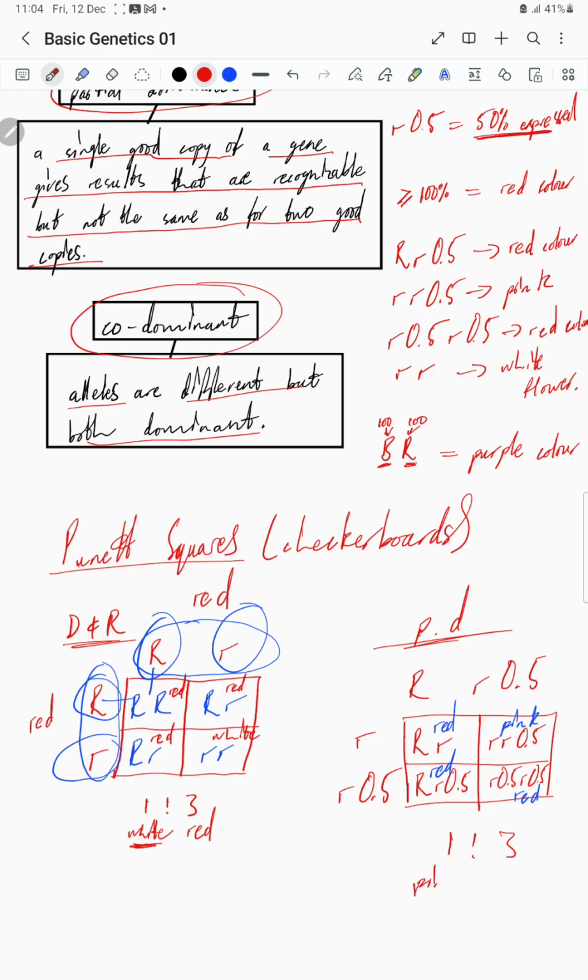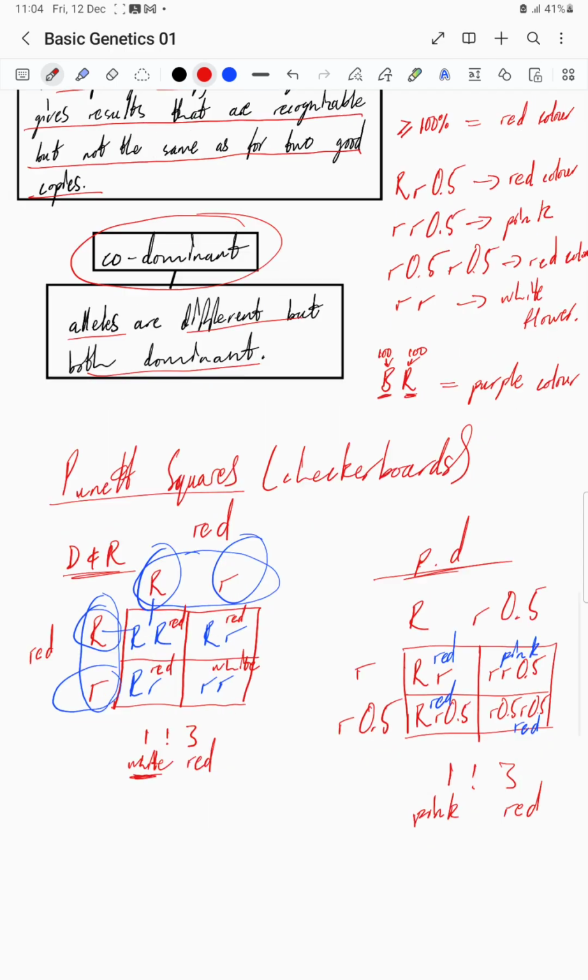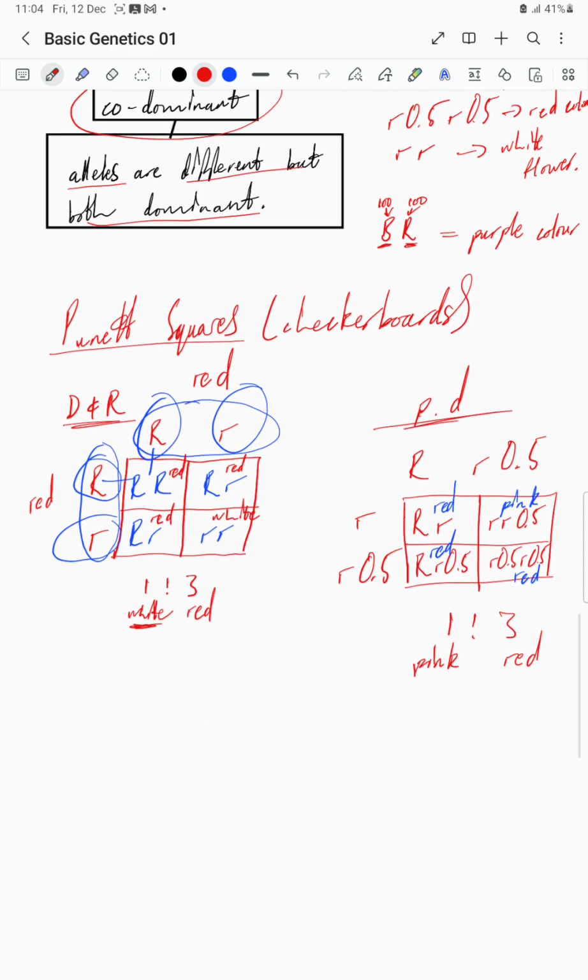That's one pink and 3 red. So that means there is a relationship between them. When you come to deciphering which is which, you have to go further to more crosses, because we are having the same ratios here, although we are having different colors.